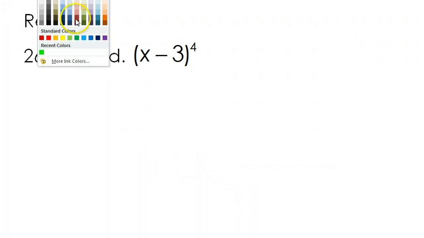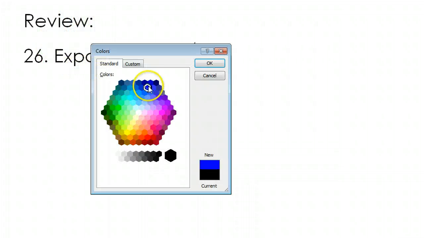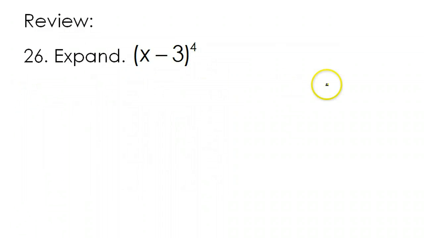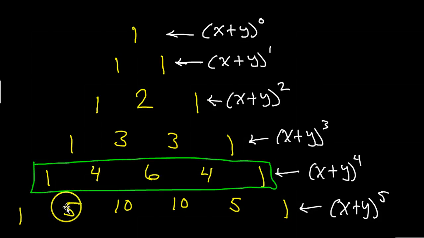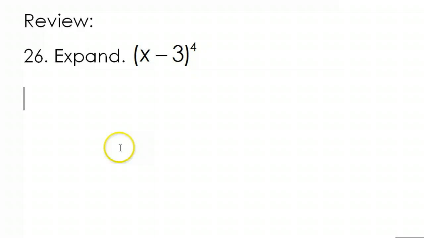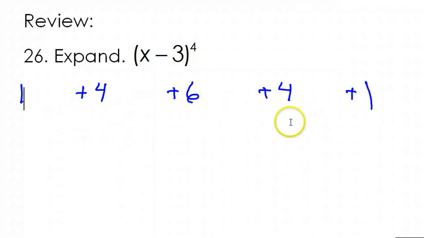So let's just copy that down. Spread it out quite a bit. So that's going to be 1, 4, 6, 4, 1. And they always start off positive, so let's just put plus on all of these. Let me just double check. 1, 4, 6, 4, 1.